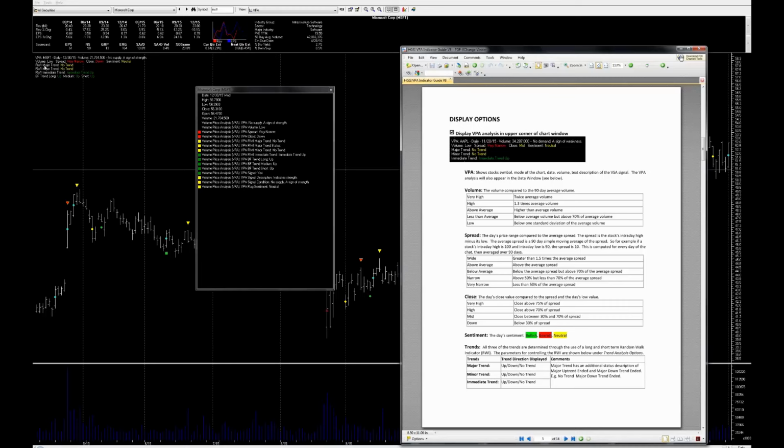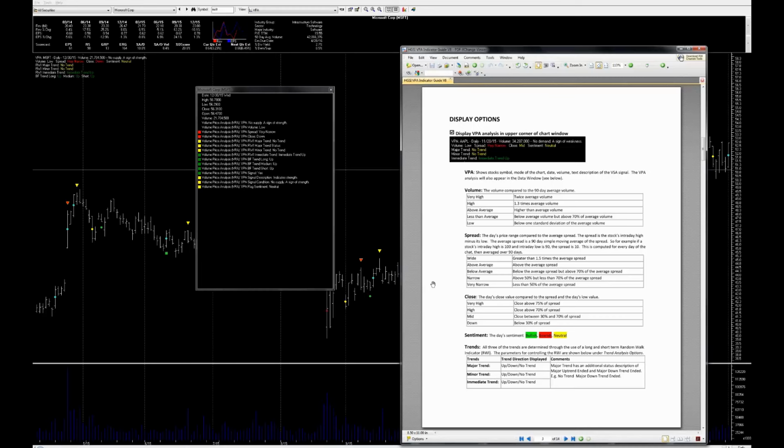Then the next two things in the text box are the major and minor trends. The idea here is that most of the VPA trading philosophy is based on looking at the volume and using what the price action was, compared with the volume, to decide what happened on that trading day.